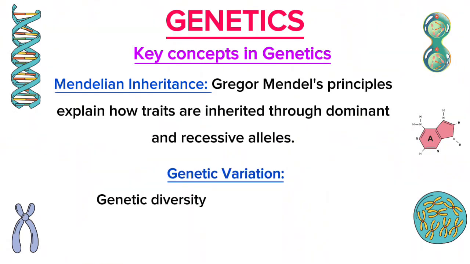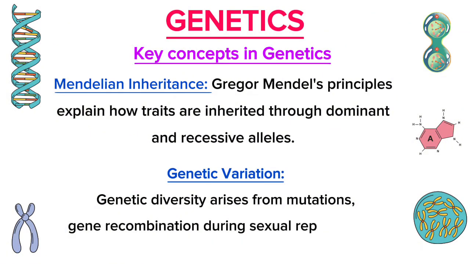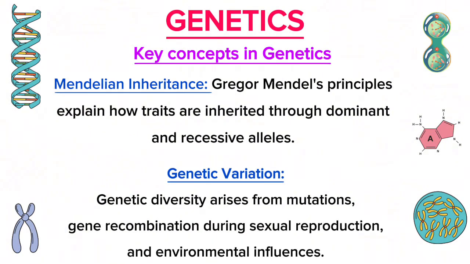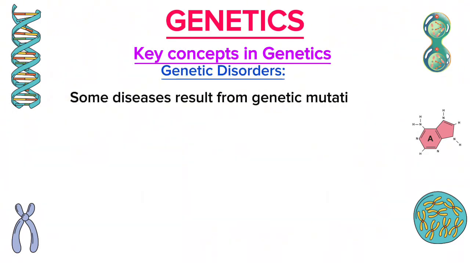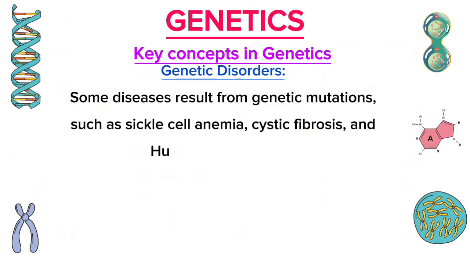Genetic diversity arises from mutations, gene recombination during sexual reproduction, and environmental influences. Genetic disorders. Some diseases result from genetic mutations, such as sickle cell anemia, cystic fibrosis, and Huntington's disease. So those are just key concepts. We'll look at them in detail as we continue.